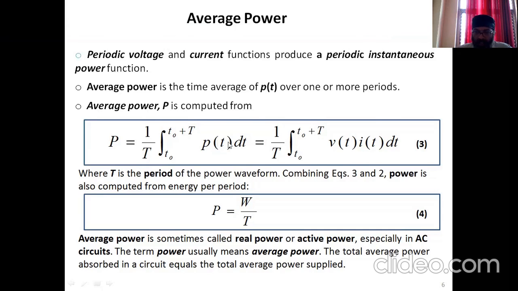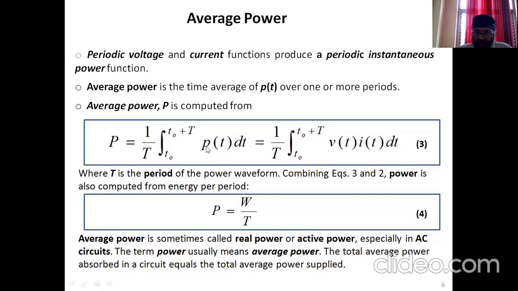It is broken down into small deltas of time, which is dt, for every instant of time, that means limit tending to 0. At every instant we measure this instantaneous power, and then integrate it.